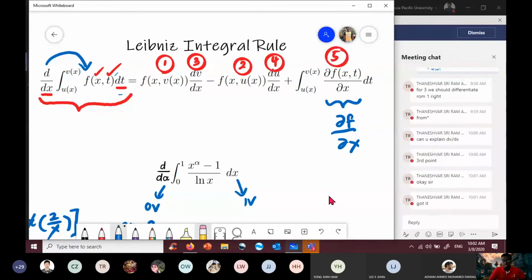So if any of you did get the final answer, just let me know. You can show your solution in the chat box or just your final answer. I can check it for you.